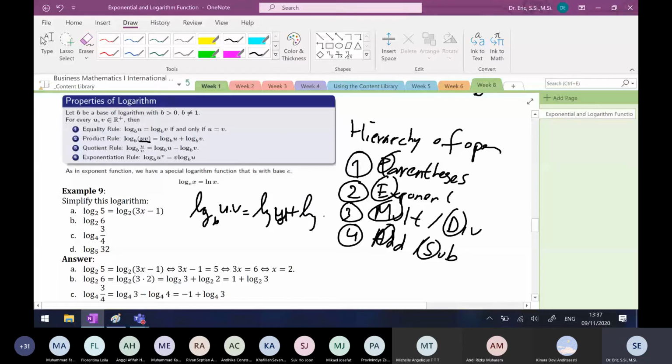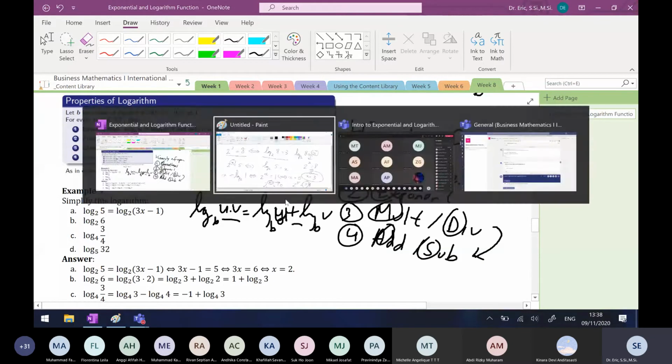So if you have multiplication here, the operation will go down into addition and subtraction. So the hierarchy simplifies things. Multiplication will become addition, or division will become subtraction. Okay, it's simplifying.